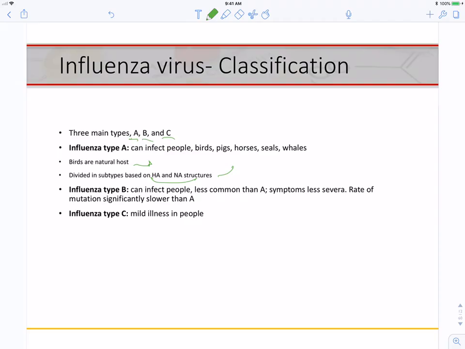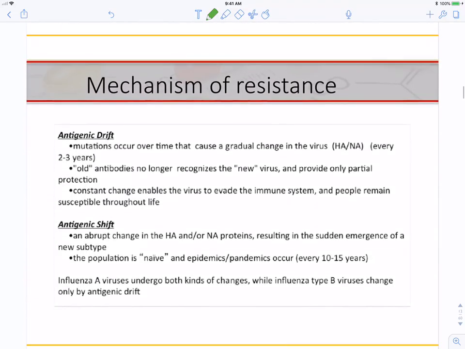Then we have type B, which is less common than A and has symptoms that are not so bad, and the mutation rate is much less than A. Influenza type C is really not a concern because for the most part, it causes only mild illness in people.